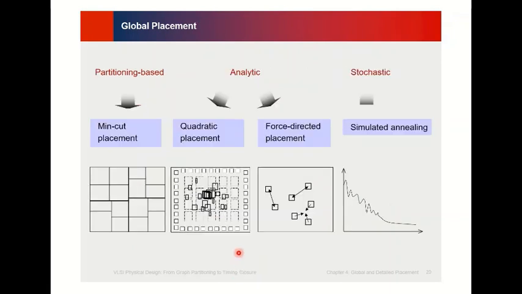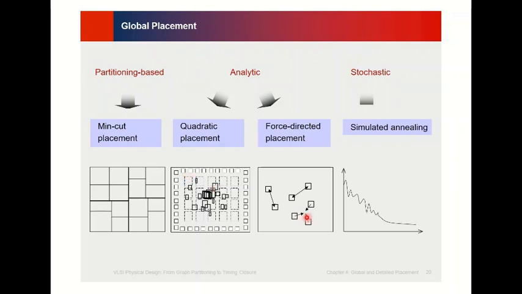So this is some illustrations of the categories of global placement. For partitioning based, as I mentioned, we partitioned one big problem into smaller partitions and then we solve for each partition. For quadratic placement, we put some initial solution, and then the algorithm will relax the placement and it will fill in all the allocated regions.